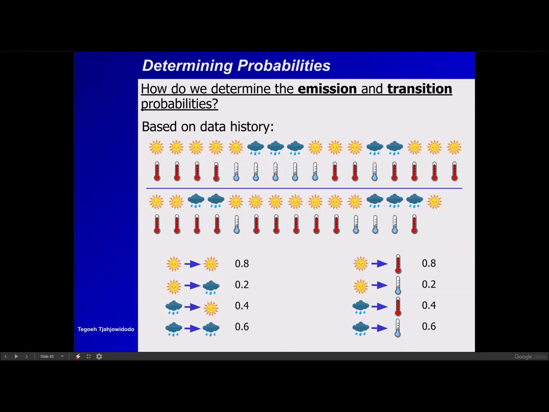Okay, so this is how we came up with the emission and transition probabilities. And previously we discussed already an example of a 2-day event case, how to predict the hidden state.